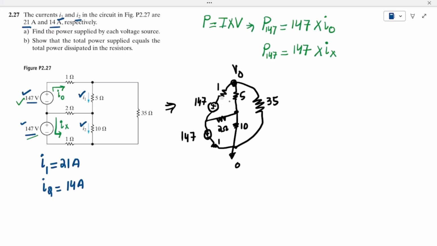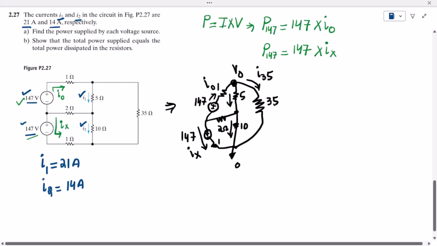The currents given here are this one and this one. The voltage across the 5 ohm resistor is V5 and across the 10 ohm resistor is V10, and the current through the 35 ohm resistor is I35. This current is Ix, and this is I naught. From it, let me write some equations.